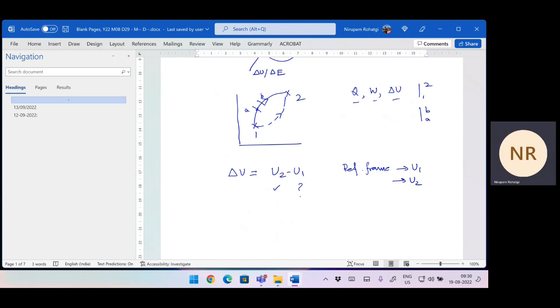So we have U1, okay? We do the calculation, we find delta U, and that gives us U2. But U1 and U2 are subjective, they are relative to a given frame of reference. What will not change is U2 minus U1 will not change.